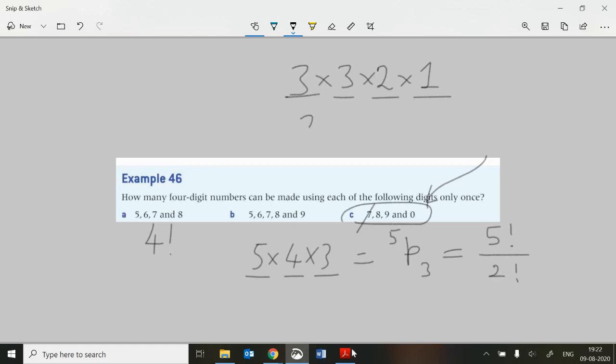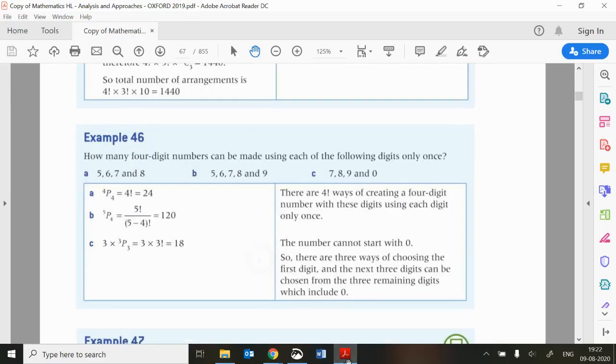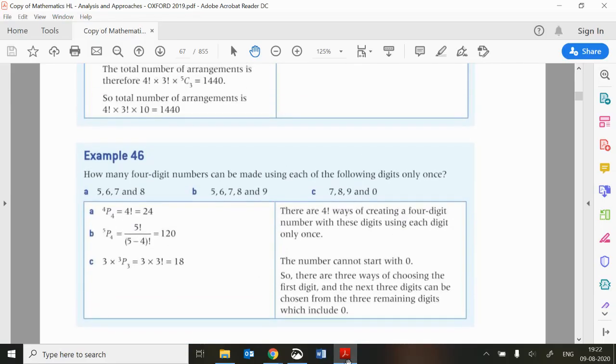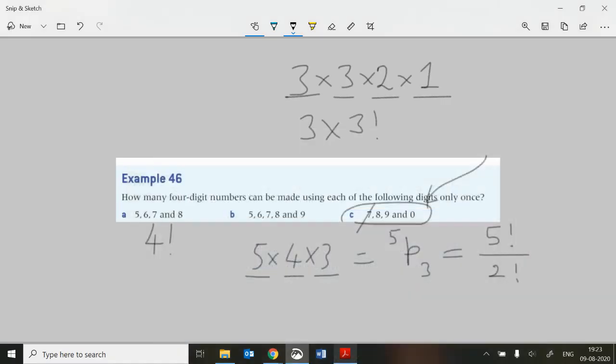So we've really got 3 times 3 factorial there. Okay, just check that one. Yeah, 3 times 3 factorial. And they've actually said they're 3 pick 3. Okay, so rather than doing 3 factorial, they're saying 3 pick 3.